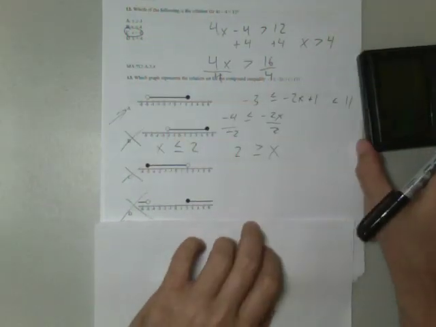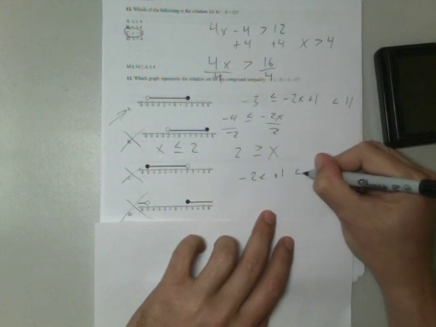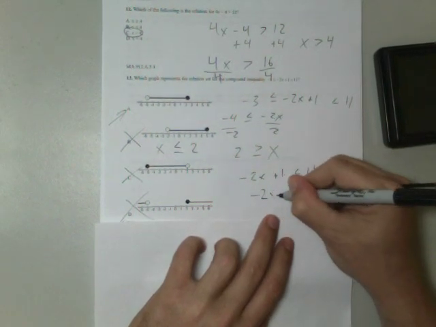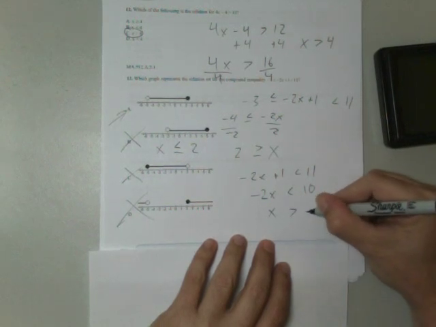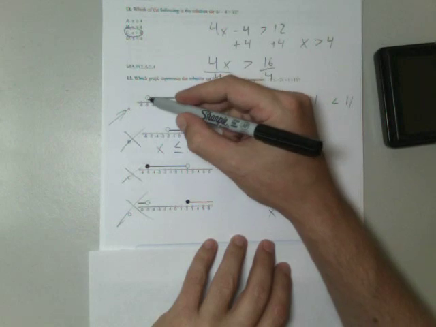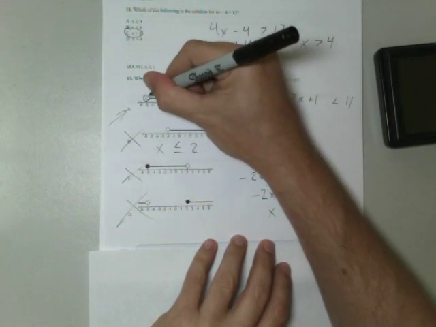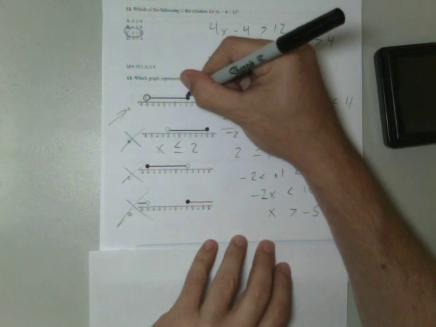Let me go ahead and do the other side. The other side is negative 2x plus 1 is less than 11. Negative 2x is less than 10. X is greater than negative 5. So greater than, that's why it's a solid circle. And then this dot should really be at positive 2.